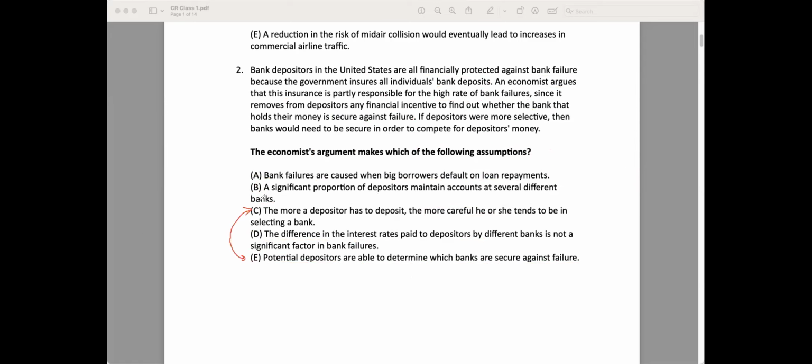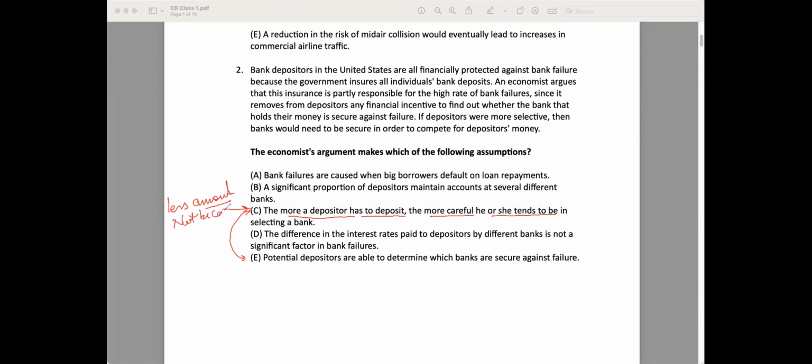So first of all, any doubt till this point in eliminating A, B, and D? Now we'll evaluate between C and D. So any doubt with the remaining three options, let me know. Okay. Now let's see. Option C says the more a depositor has to deposit, the more careful he or she tends to be. That means if he has less amount to deposit, a small amount to deposit, he or she will not be careful.